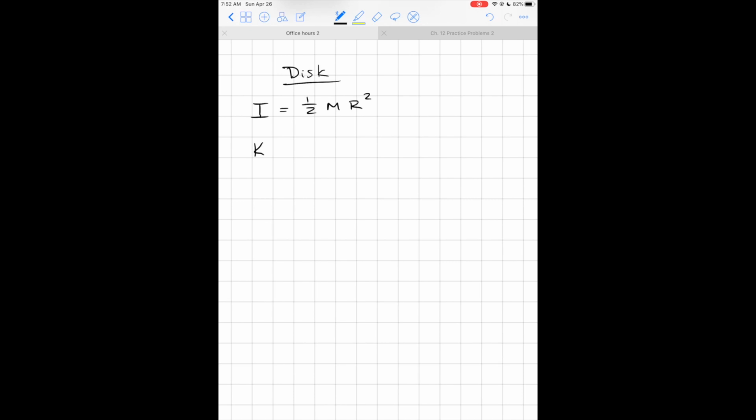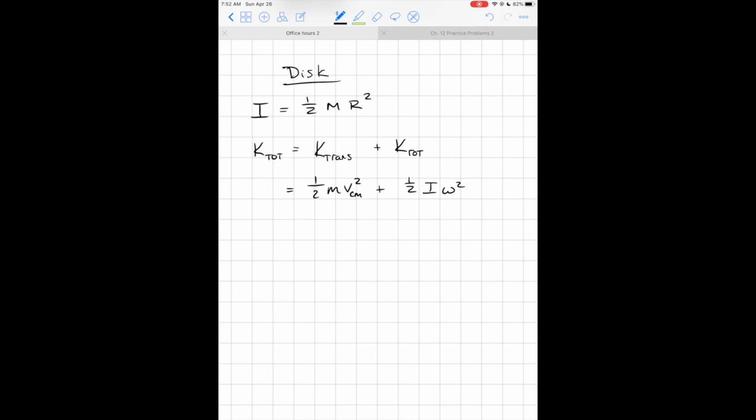So our total kinetic energy is going to be our translational kinetic energy plus our rotational kinetic energy. Translational is 1/2 m v squared, where v is the v of the center of mass, plus 1/2 I omega squared for our rotational kinetic energy.